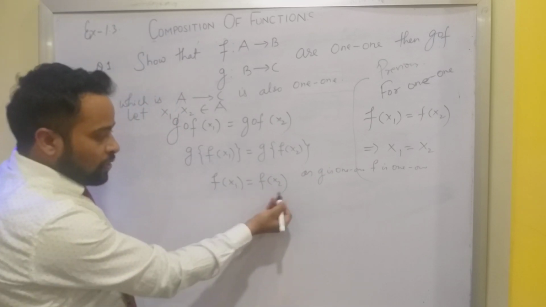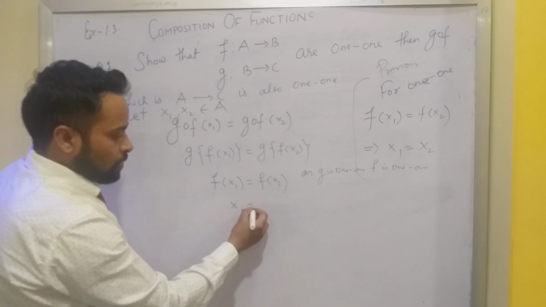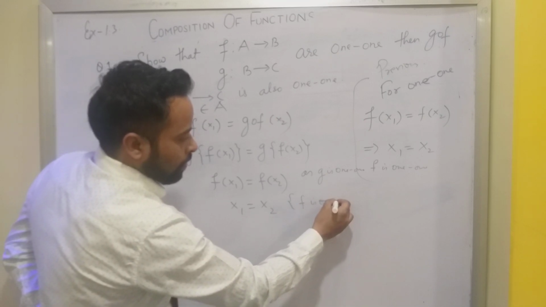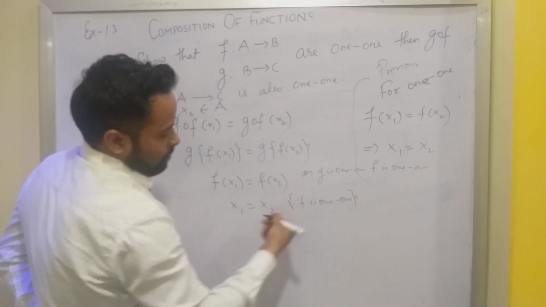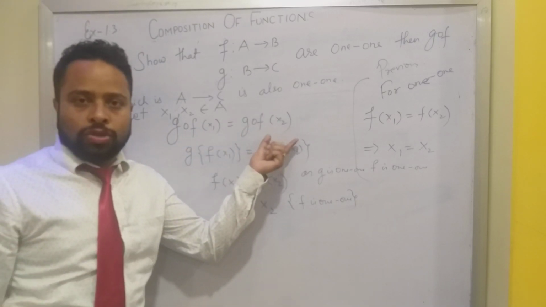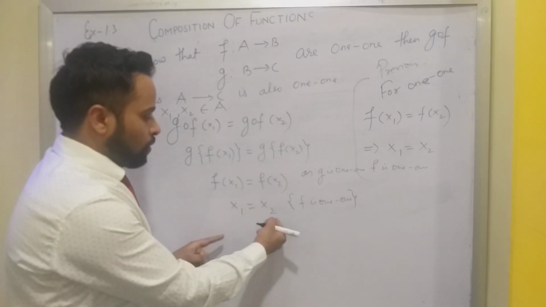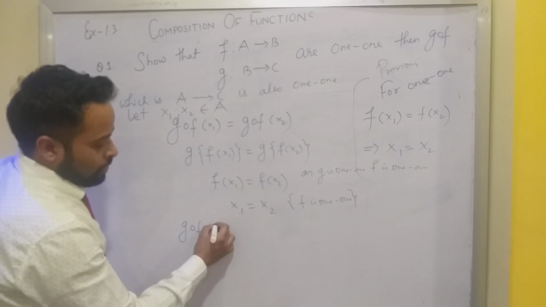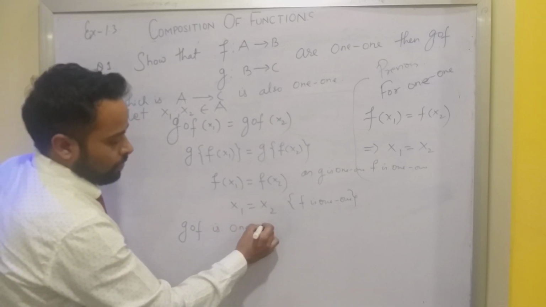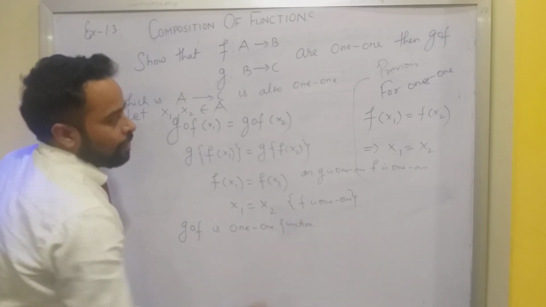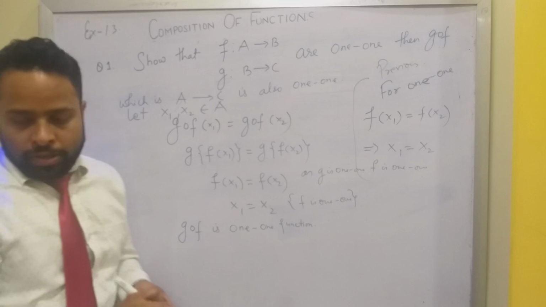Now again f is 1 1, so this implies x1 equals to x2 as f is 1 1. So which proves that GOF of x1 equals to GOF of x2 means x1 equals to x2. So GOF is a 1 1 function. Fine, so simple to understand.